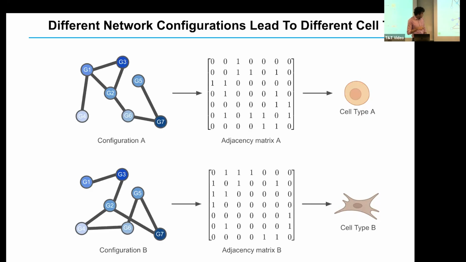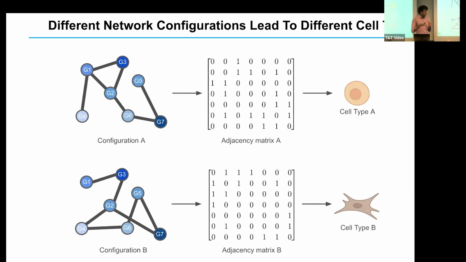If you notice, certain edges are gone, but certain new gene interactions are there. That gives rise to this adjacency matrix, which is also symmetric and square, since we are unweighted and undirected. And this gives rise to a different cell type B.